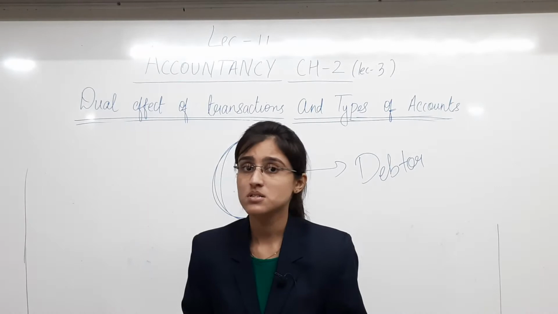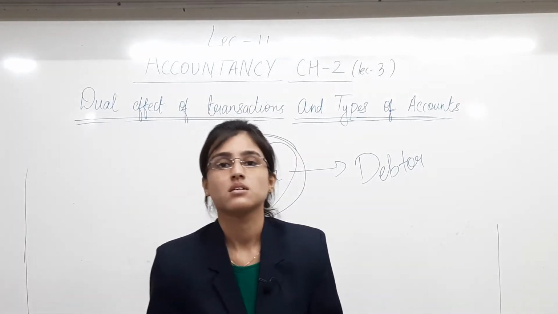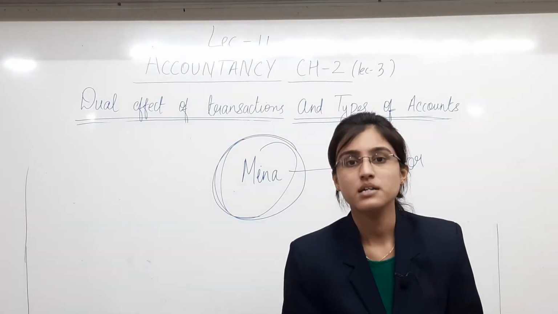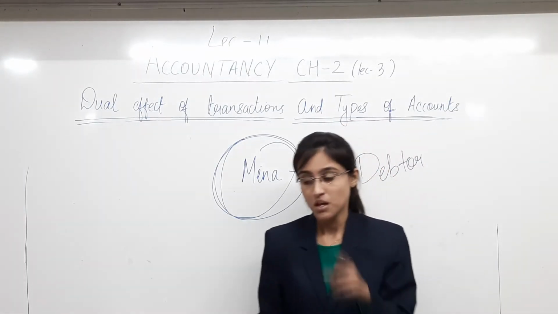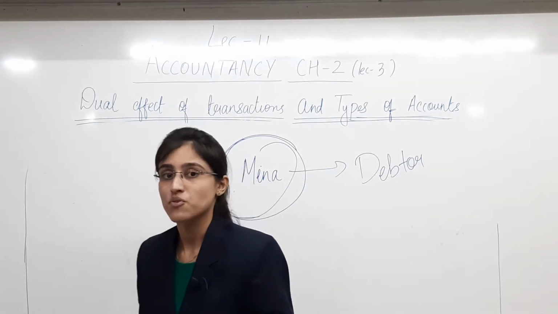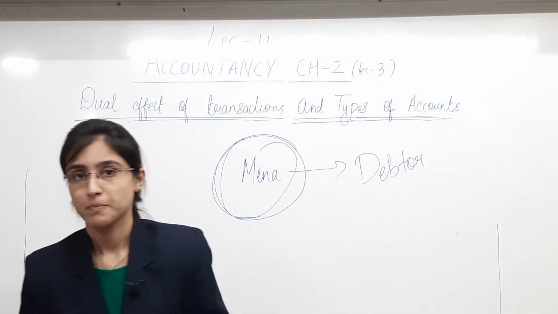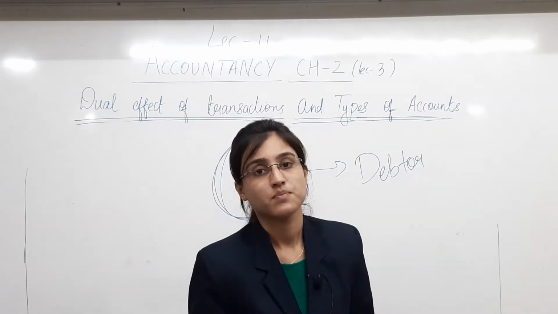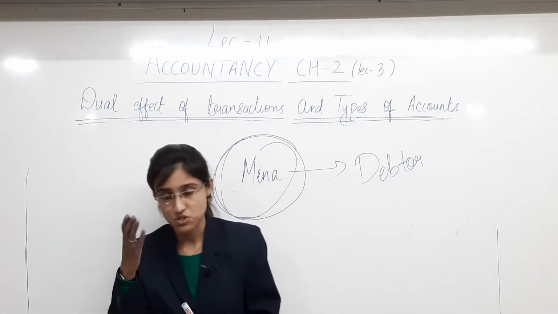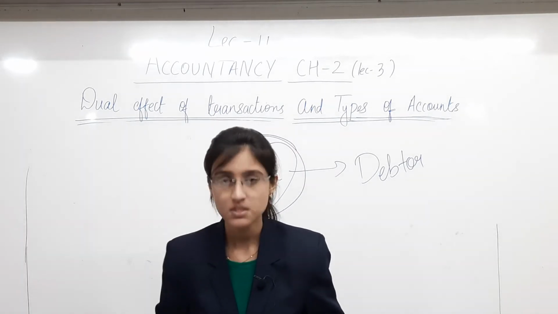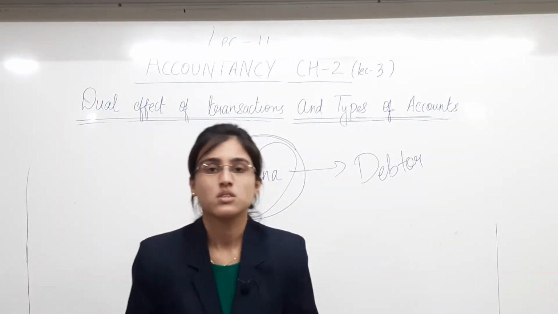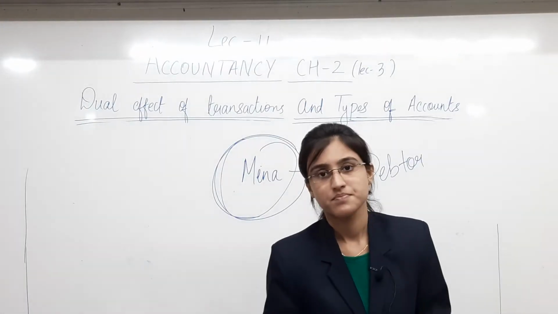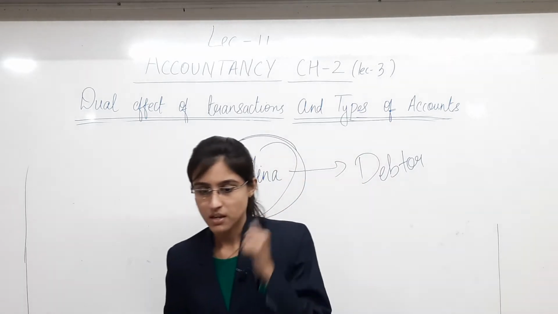Is the name of the person mentioned? Yes. So this is a credit transaction, because there is absence of mention of the word cash or bank, and the presence of the name of the party from whom you have purchased. It is Shriji Furniture. So this is a credit transaction.